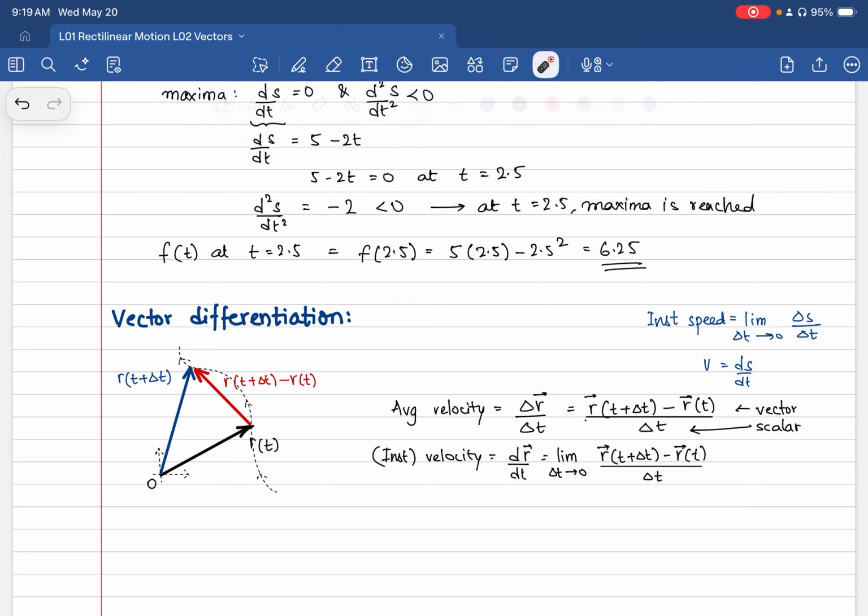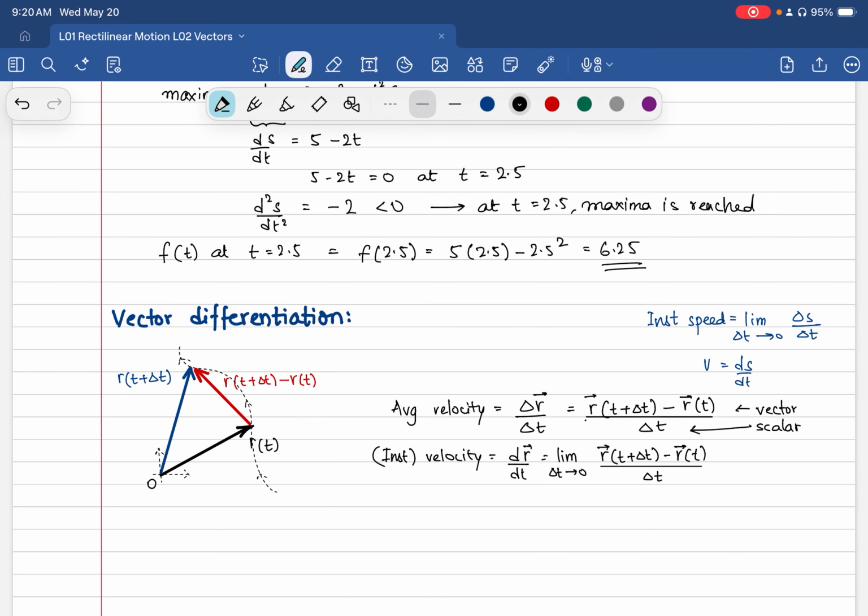So this r of t, if you were to look at the next time instant that's very infinitesimally small time instance away, then your instantaneous velocity would be oriented in this way, and the magnitude will be defined by the magnitude of this vector divided by delta t.